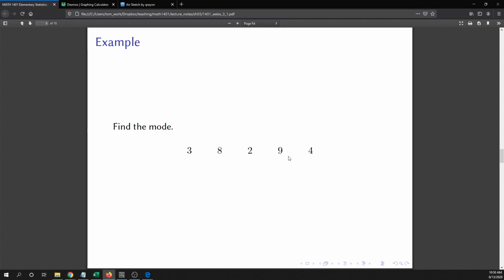Looking at our data set here, we want to find the mode. We notice 3 occurs once, the observation 8 occurs once, 2 occurs once, 9 occurs once, and 4 occurs once. So that means there is no observation that occurs more than once. So in this data set, there is no mode.